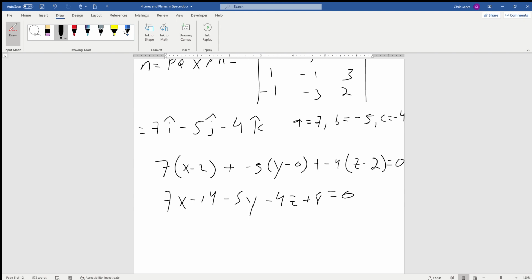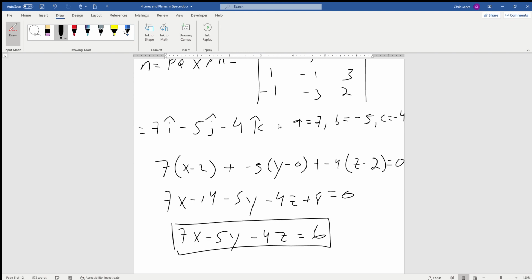Or in other words, 7x minus 5y minus 4z is going to be equal to 6. And that should be the equation of our plane that passes through those 3 points.